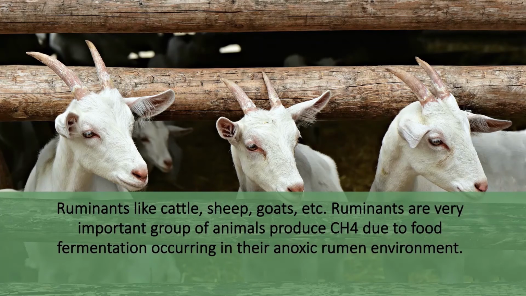At the same time, they are also responsible for releasing methane into the atmosphere, and that is how we need to manage it through a lot of mitigation strategies, through feed rationing, or bringing in a lot of protein rich feed. Definitely we can reduce the methane emission from the ruminants. It's again a very important topic as far as the ruminant or enteric fermentation is concerned.